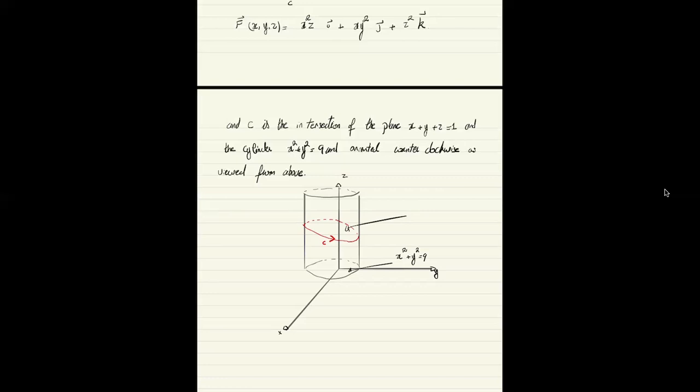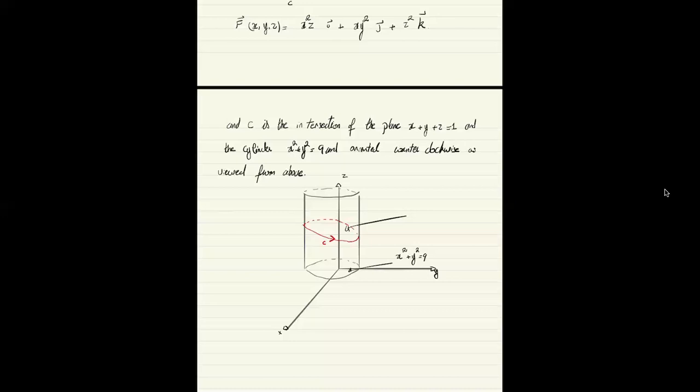So we have the plane x plus y plus z is equal to 1. And we have this cylinder. And we would like to compute this line integral. So let's first see if you want to do it directly.